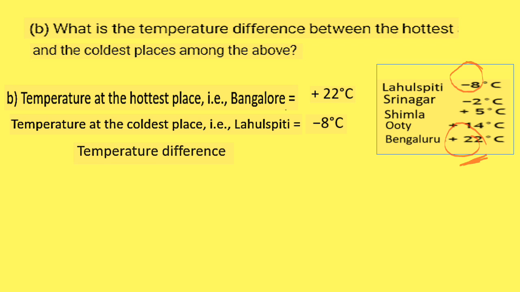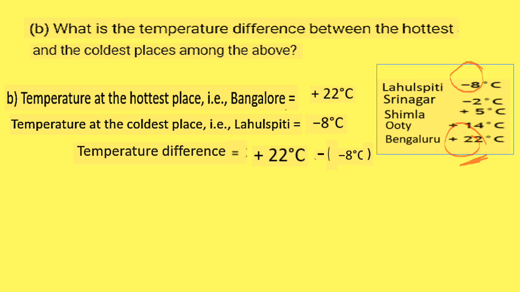Look here, temperature difference is equal to, I will write plus 22 degrees Celsius because this is bigger one. Then to find difference I will put minus, then the other value. So two negative symbols cannot be written side by side, so I put one bracket here, right? So 22 degrees Celsius minus bracket -8 degrees Celsius.